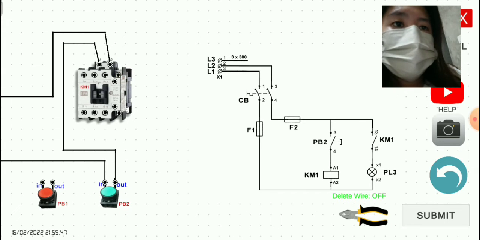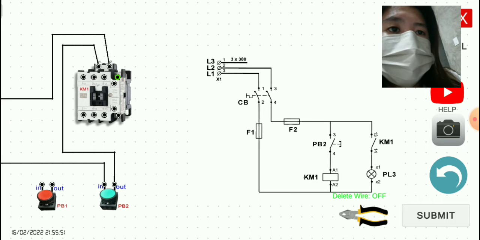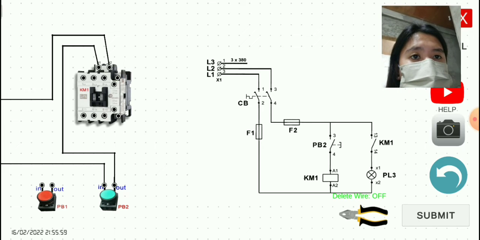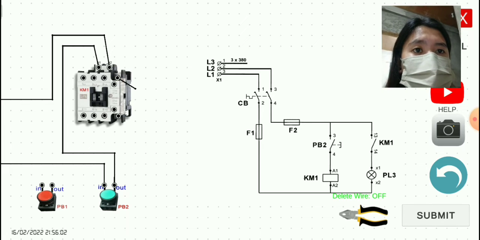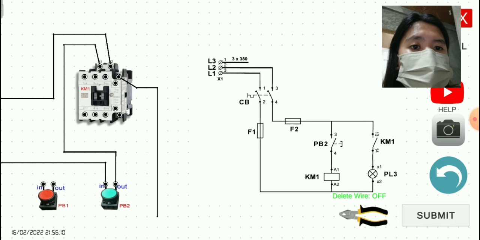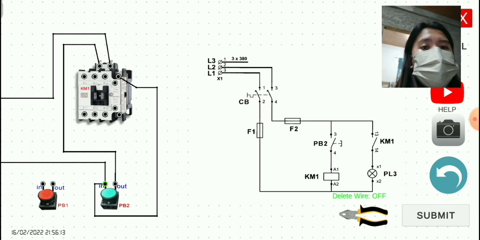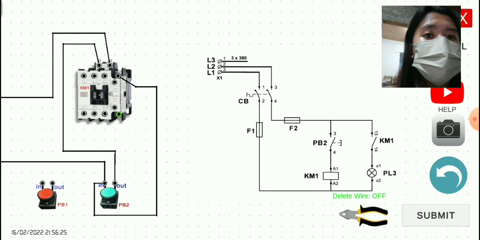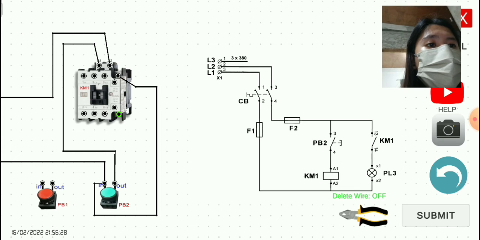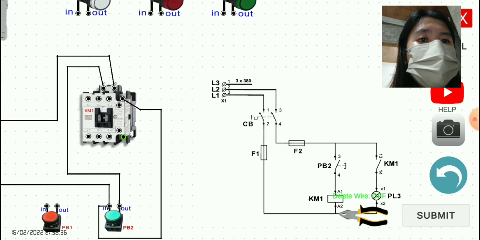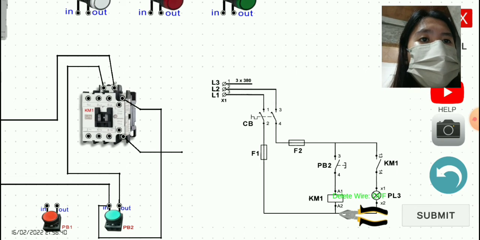Then the KM1 normally open contact 14 we will connect to our PL3 input, the X1.